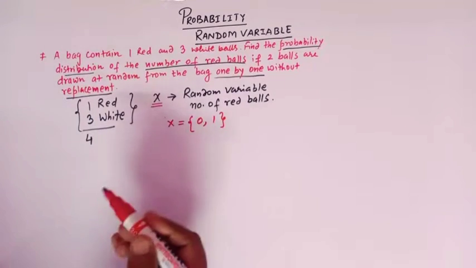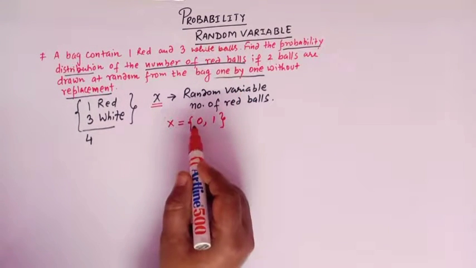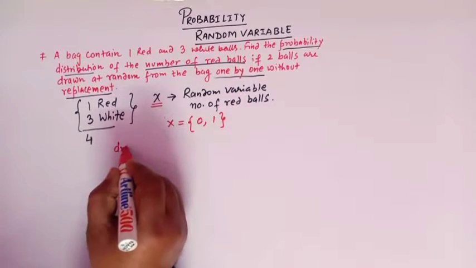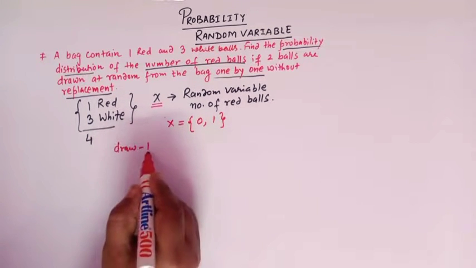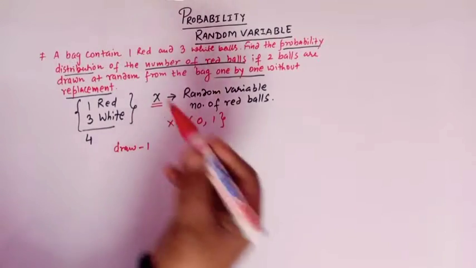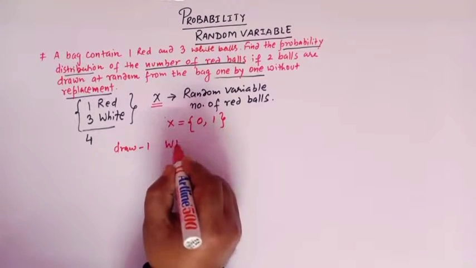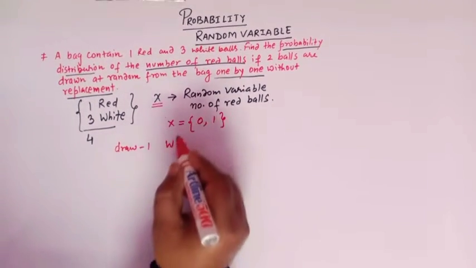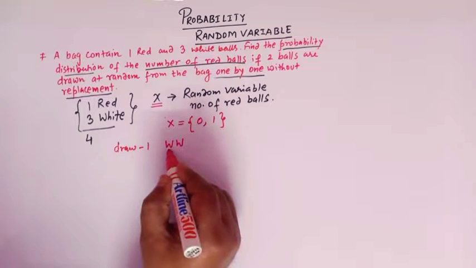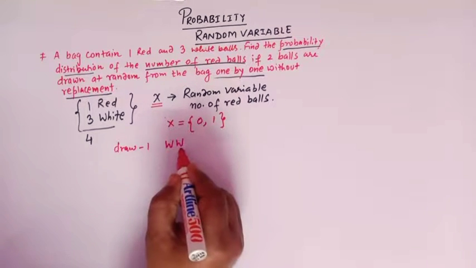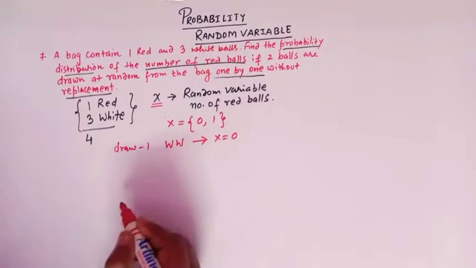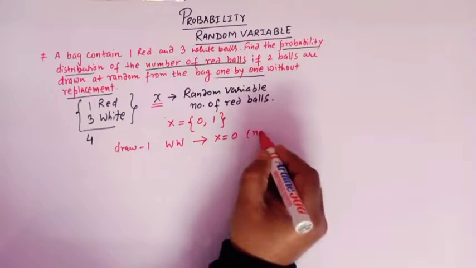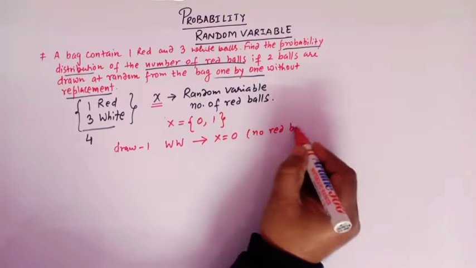Because it may happen that in the first draw, which we call draw number 1, we may have both the white balls, right? So both the white balls, that is denoted by WW, will correspond to x is equal to 0.